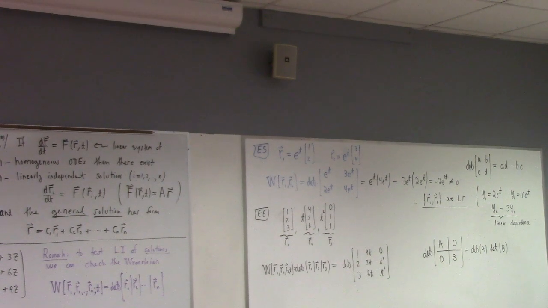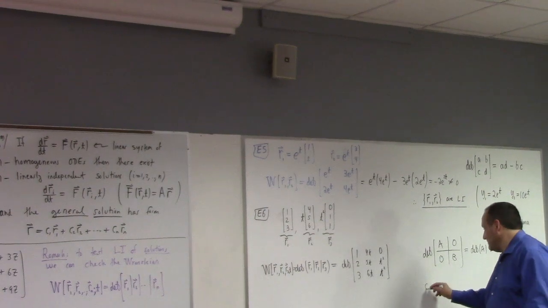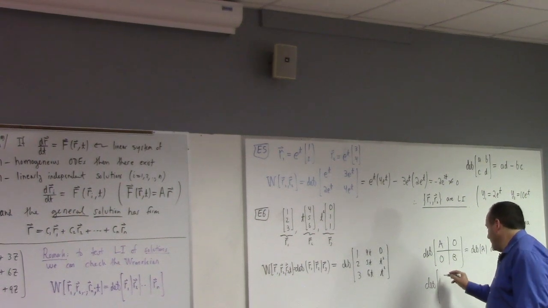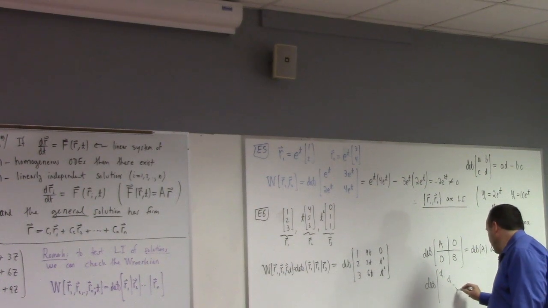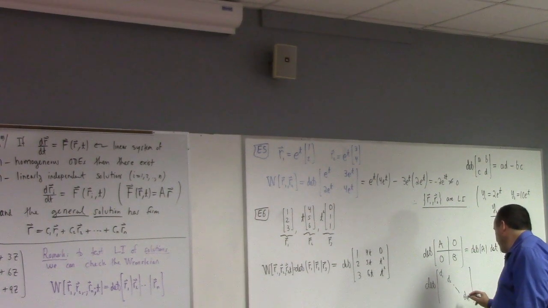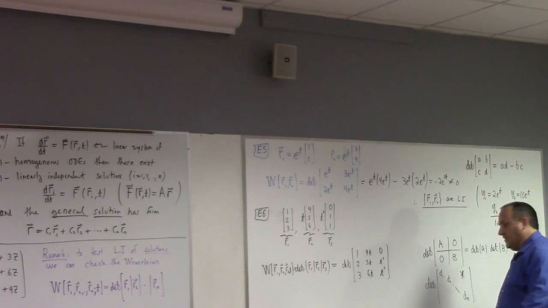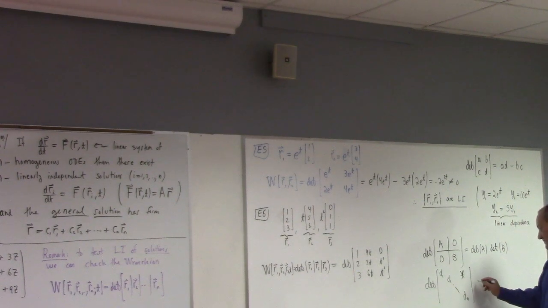That's one thing that's vastly simplifying. The other is if you've got a triangular matrix, like C1, C2, D1, D2, down to Dn along the diagonal, and then stuff up here, whatever. This determinant is straight up the product of the diagonals.